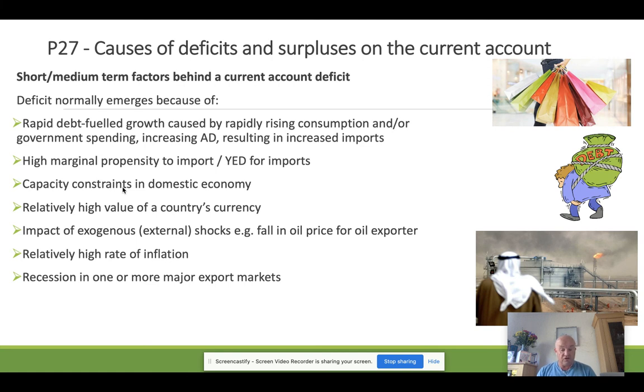Other things that can cause it, a relatively high value of a country's currency. Remember, if we've got a high value, high exchange rate, we think about a strong pound, imports cheaper, exports dearer.